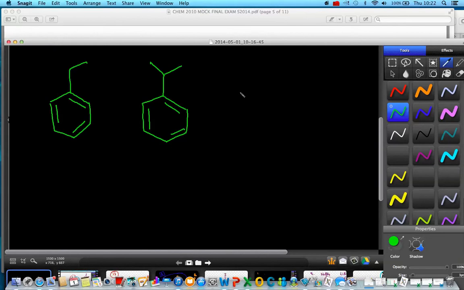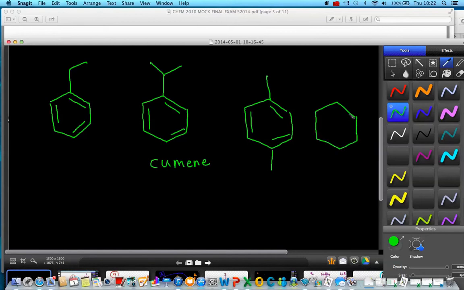You react it with hydrogen peroxide. So this is cumene. And we made modifications to both C and D. When you have two methyl groups on a ring, it's called a xylene. So this is called paraxylene. Last but not least, we have 1,2,3-trimethylbenzene.